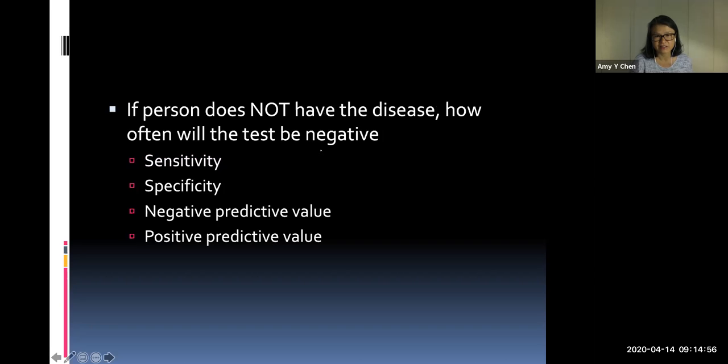If the person does not have the disease, how often will the test be negative? Specificity. Let's see if you're right. Yep, it's B, specificity.